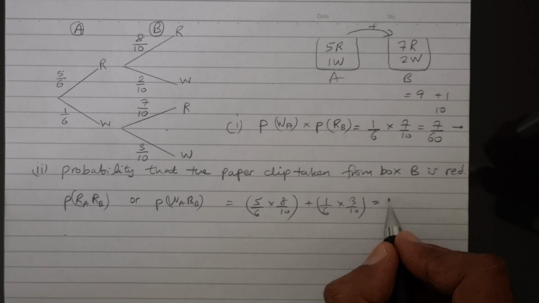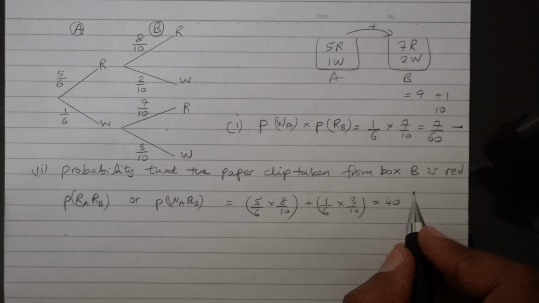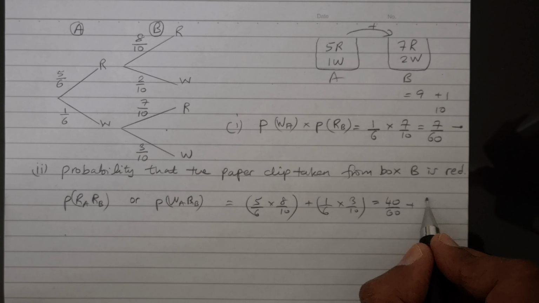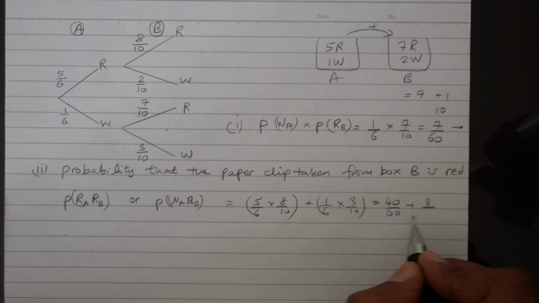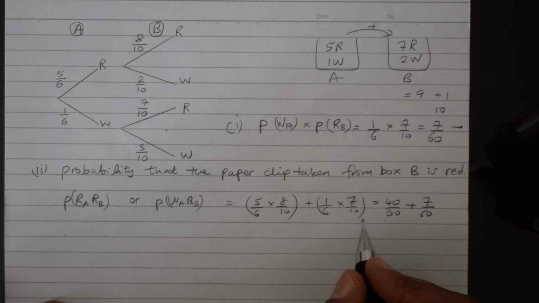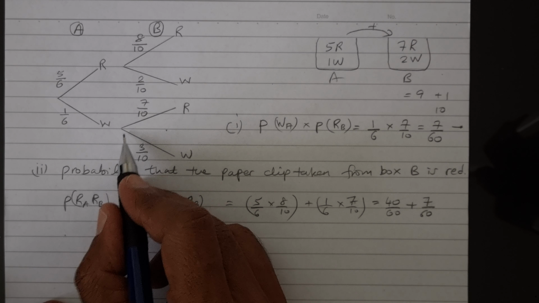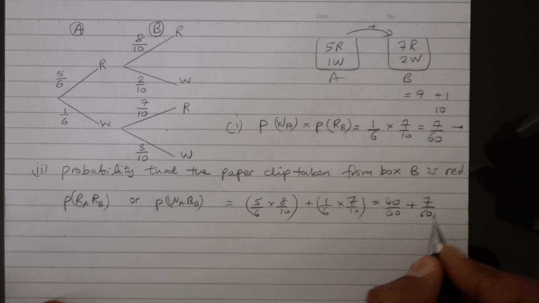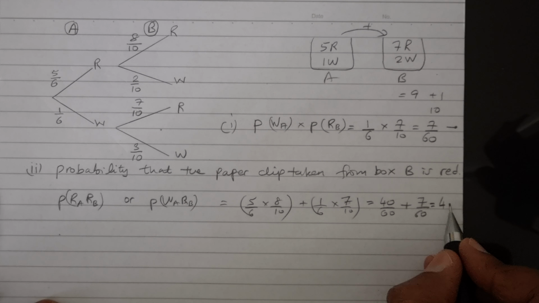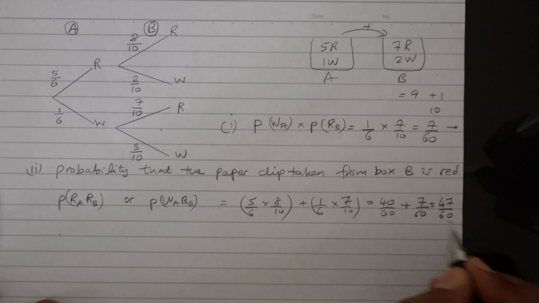So this is 40 over 60 plus 7 over 60. So the answer to that question is then 47 over 60. So that's the second part of the question.